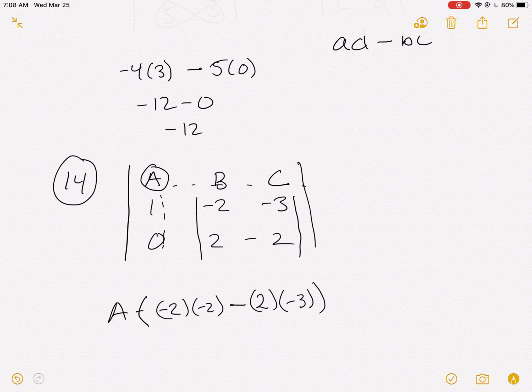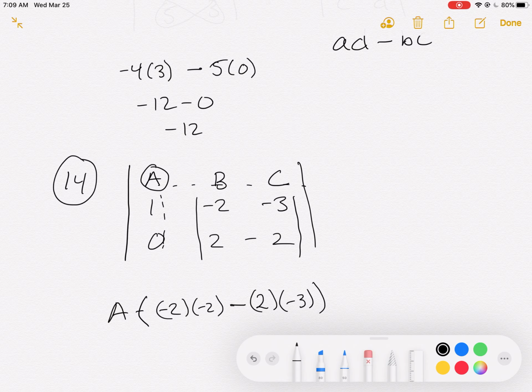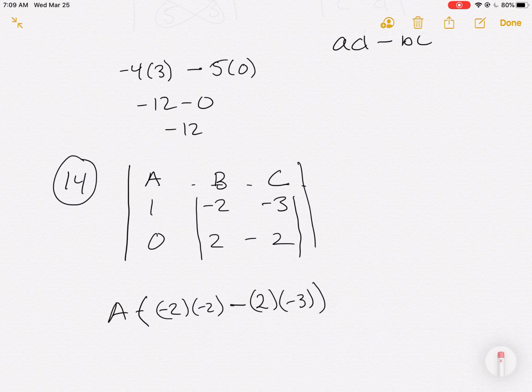That's what A is being multiplied by. Let me get an eraser and get rid of these dotted lines that I put in here pretty carefully. Now we're going to go over and get B.